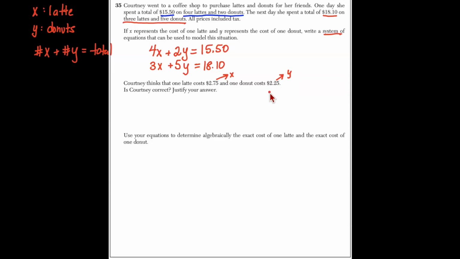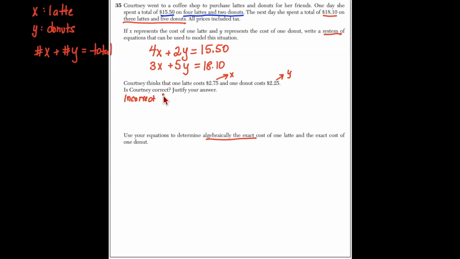Now, pro tip: down here, it'll tell us to figure out the exact cost algebraically, so this answer here is pretty much always going to be incorrect. They're not going to give you the answer here if they're asking you to compute the answer down here. So I know that Courtney is going to be incorrect, but my justification is all I have to do is essentially check my answer.